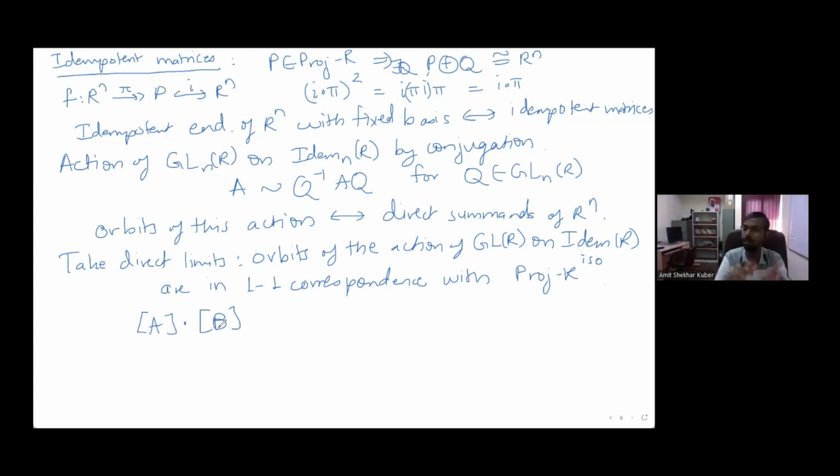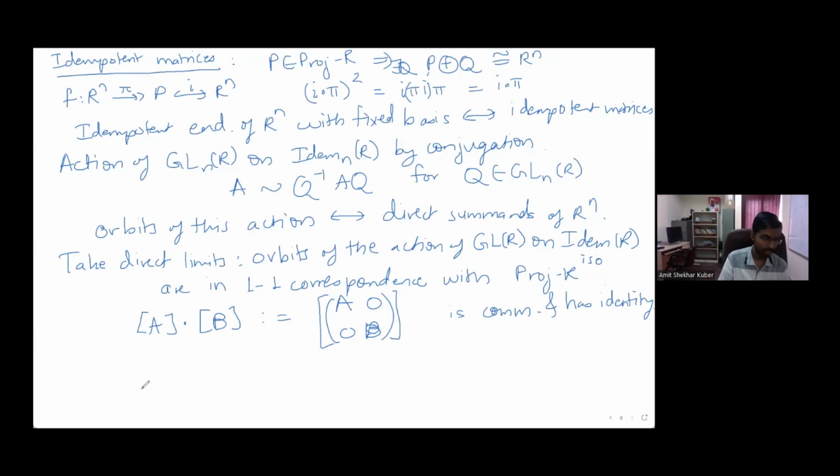So we take them to be A 0 0 B, and the product of these two classes is simply the class of this particular matrix. By the looks of it, this doesn't look like a commutative operation, but it is. So this is commutative and has identity.